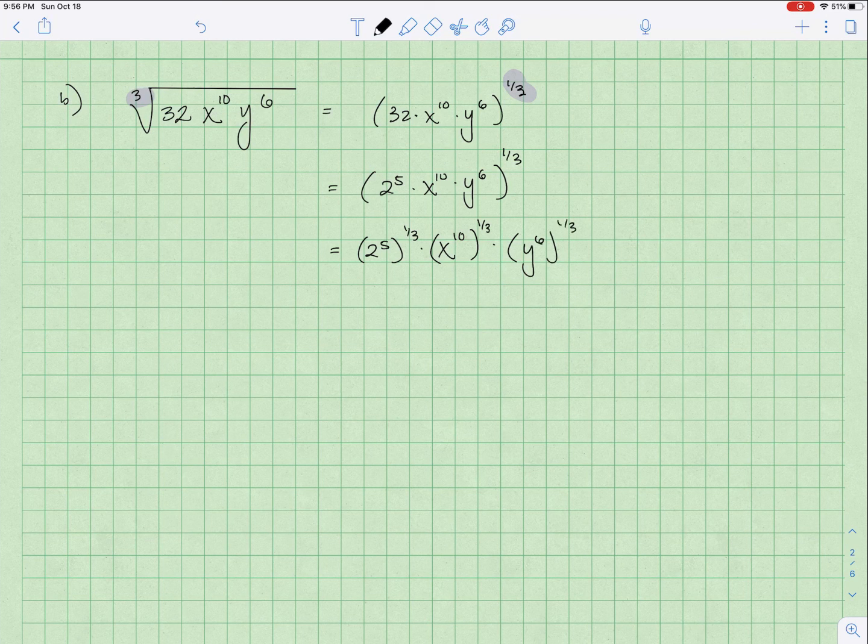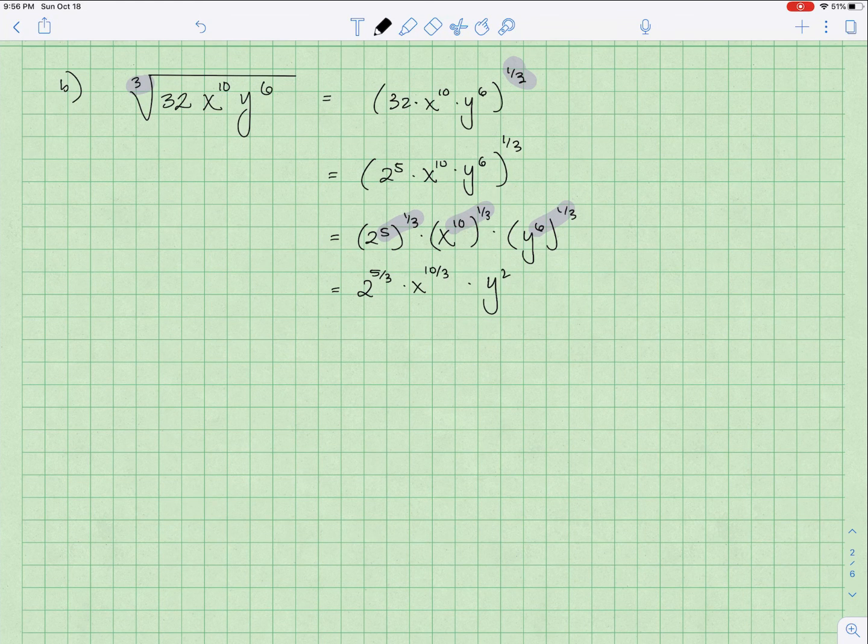Now, before everything was whole numbers. Here, that's not the case. Let's see, 5 times a third. The best we can kind of do there is 2 to the 5/3, x to the 10/3, and oh, that last one turned out to be nice, y squared.